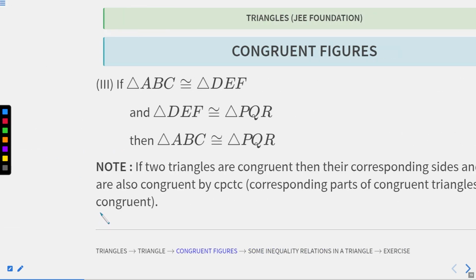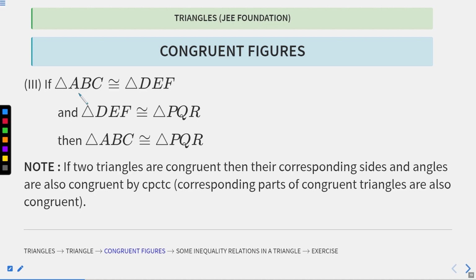Let's move further. In the third result, if ABC is congruent to DEF, it is given, and it is also given that DEF is congruent to PQR. This means I have three triangles: this triangle is 1, this triangle is 2, and this triangle is 3.